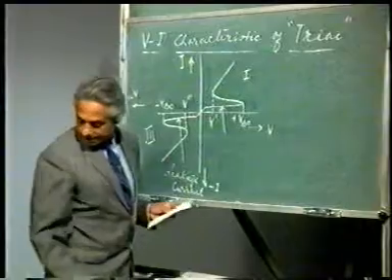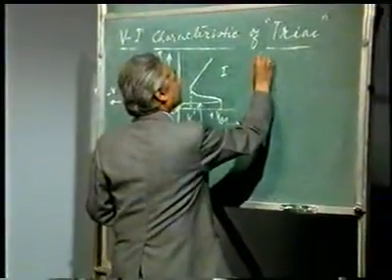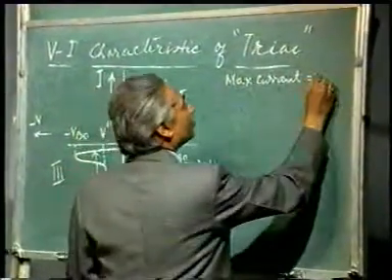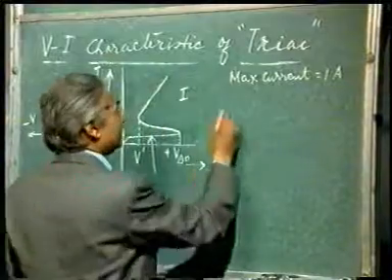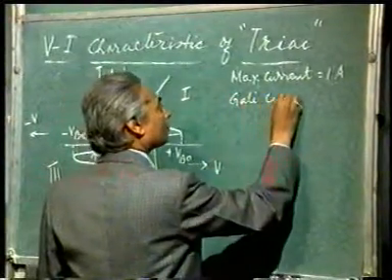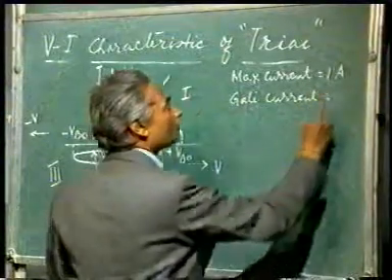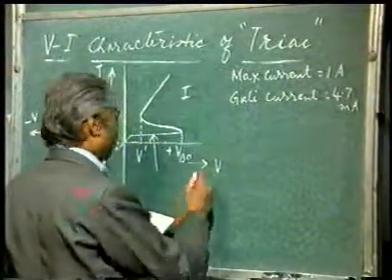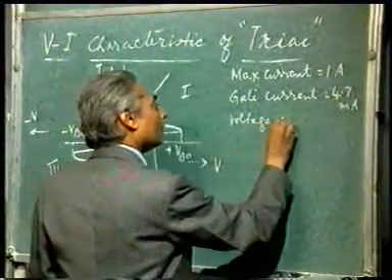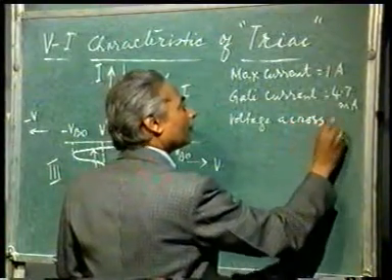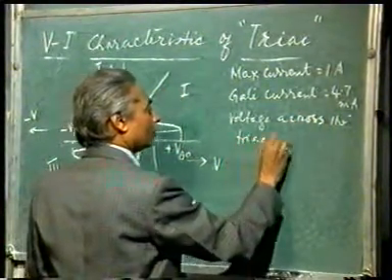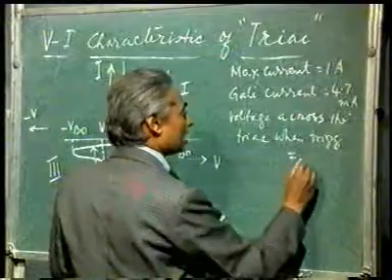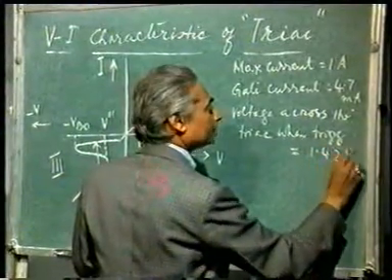Because the original values will be: maximum current, that was equal to 1 ampere, gate current was equal to 4.7 milliamperes, and the voltage across the triac when triggered was equal to 1.42 volts, right.